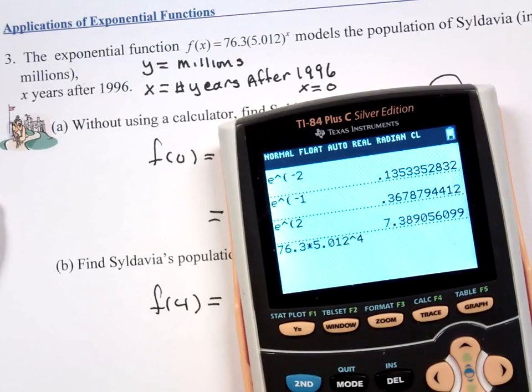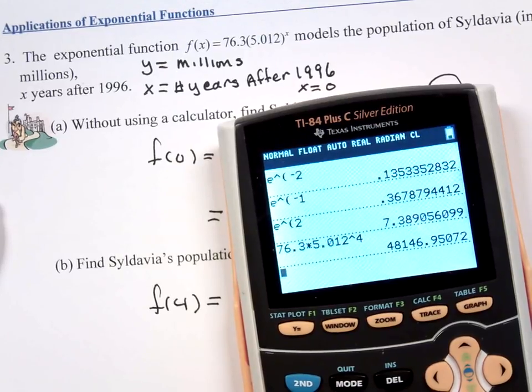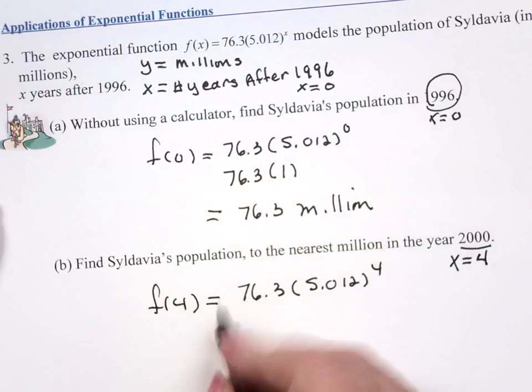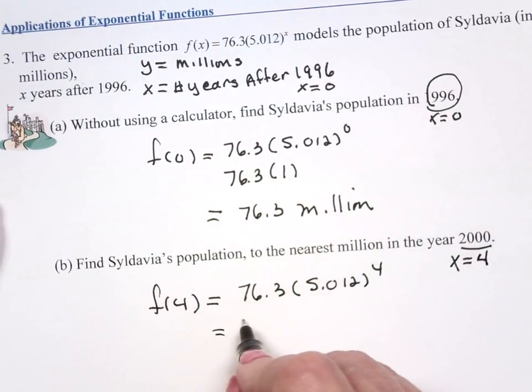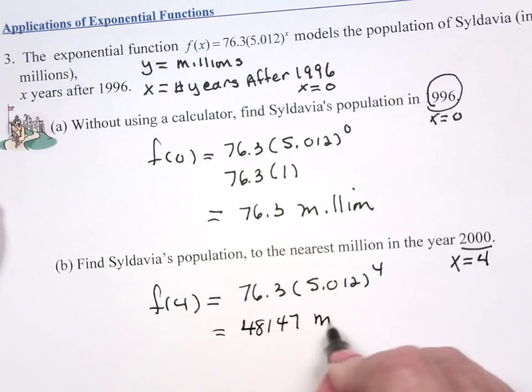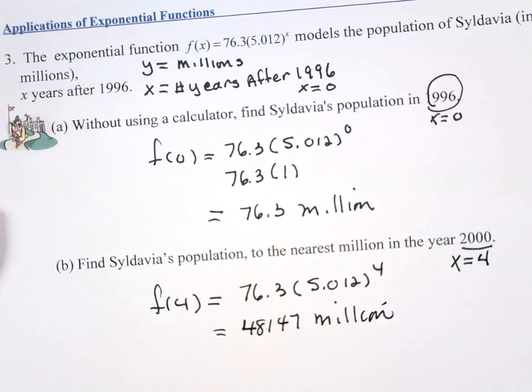You could put parentheses or not. And that is going to be what? 48147 million. To the nearest million.